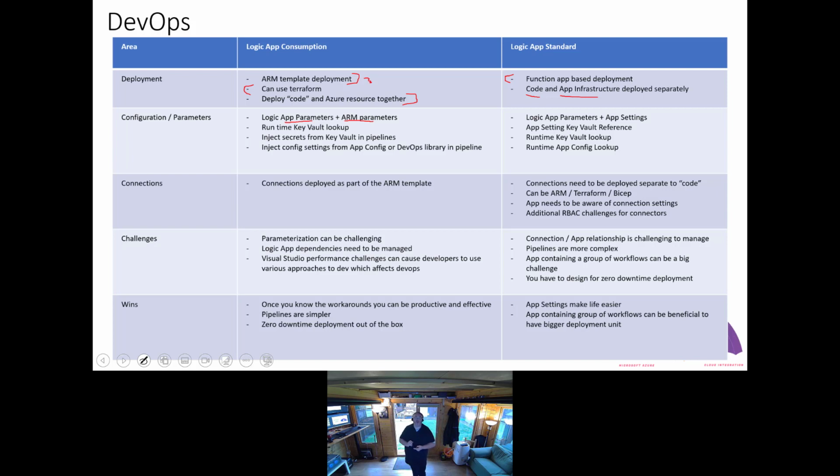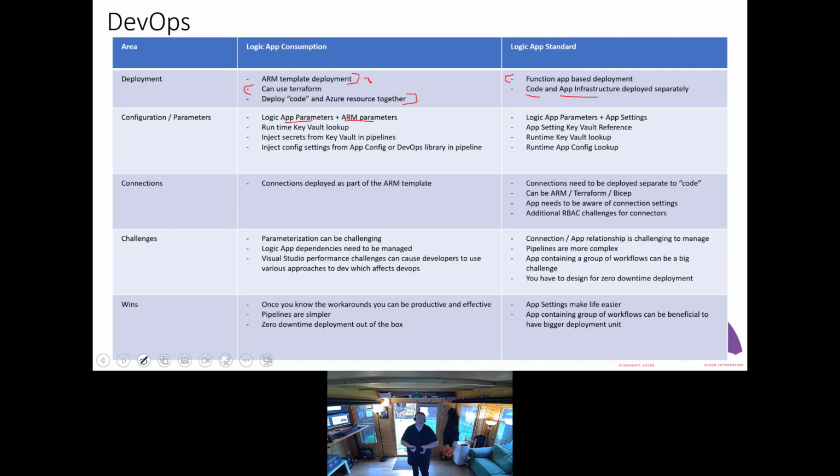With Key Vault, a lot of people are going to want to use Key Vault to handle secrets. So with Logic App Consumption, you've got the option to look up at runtime a value from Key Vault. You've also got the ability, if you're using a DevOps pipeline, to inject Key Vault into the pipeline itself as a pipeline feature. They can then get set as part of your ARM deployment.